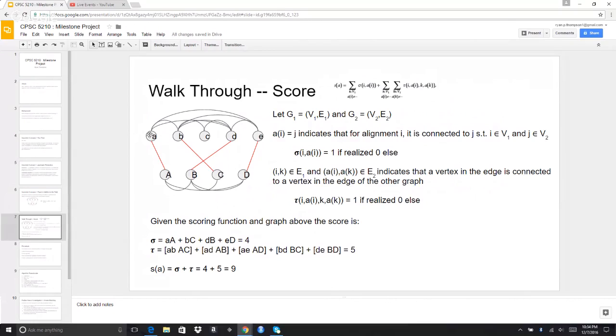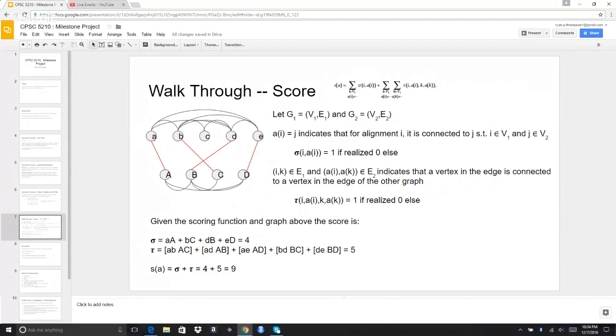Say the first one is A, it is connected to J. So A of I1 is J1. Now this sigma function here, relating the connectedness, is this score. How is A connected to here? So for sigma I, it's connected to J, and that's a true connection, so it'll get a 1.